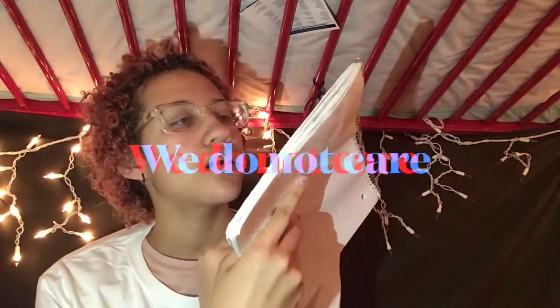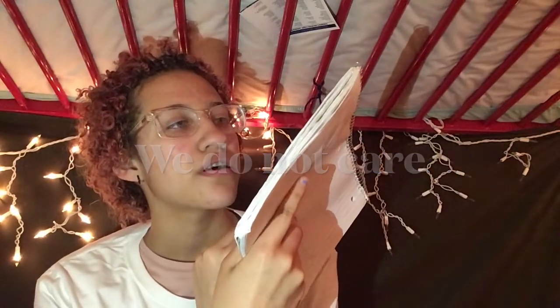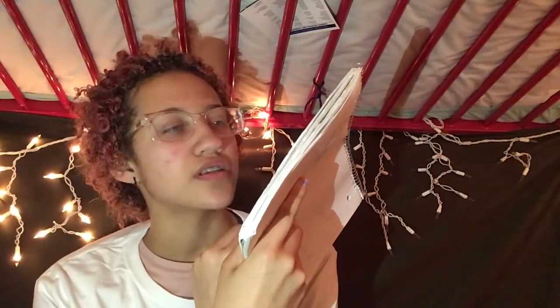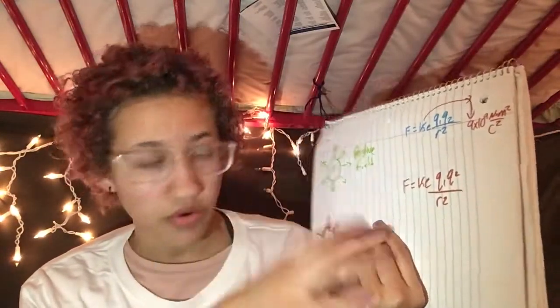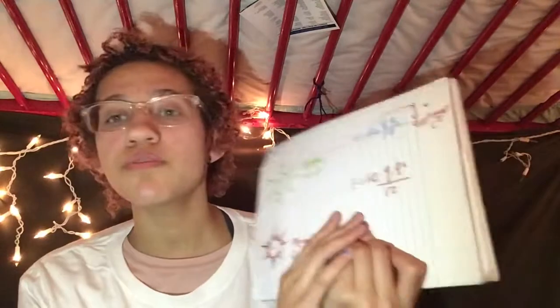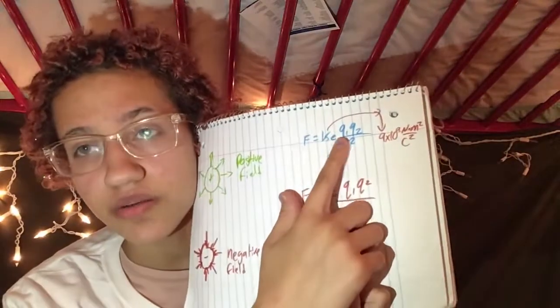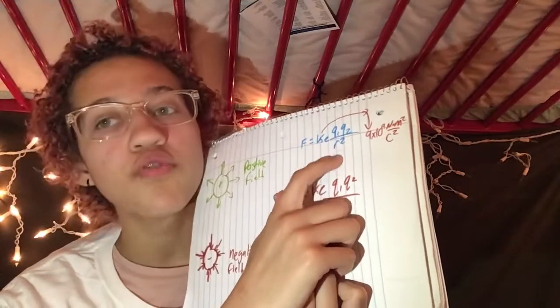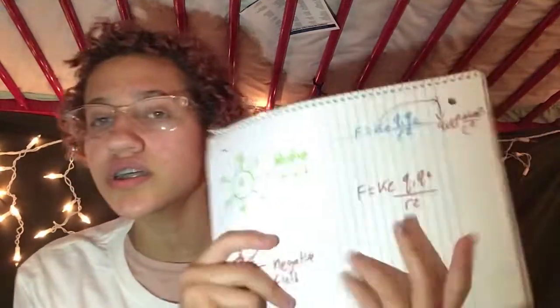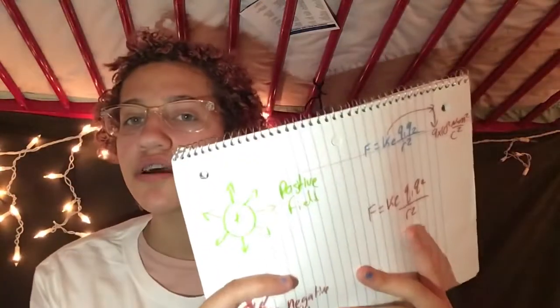That's 9 times 10 to the 9 newton meters squared over coulombs squared. I don't really care what that means, though, because it's not really important. What's most important is this funny little thing up here with the Q1 times Q2 over r squared, because this is just common sense put on paper, okay?